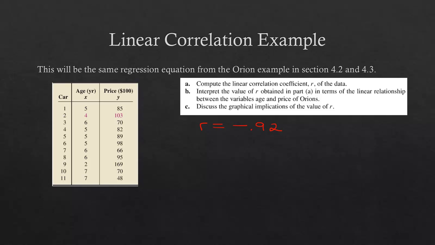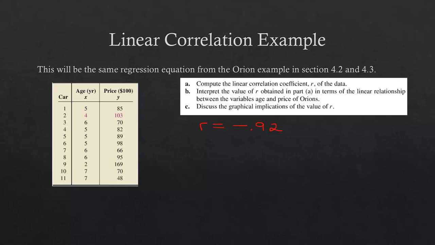That's been proven, okay, by R. So what that tells us is that as the age increases, the price decreases. And that should be kind of obvious to you, because I believe if you remember, Orion was a car. So as the age of your car increases, the price decreases. That should be kind of obvious to us.